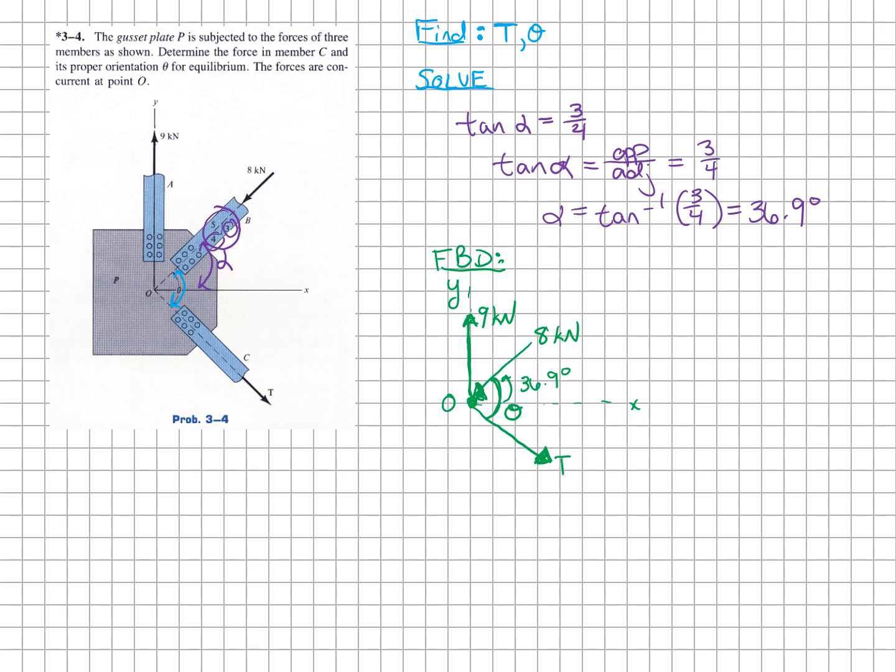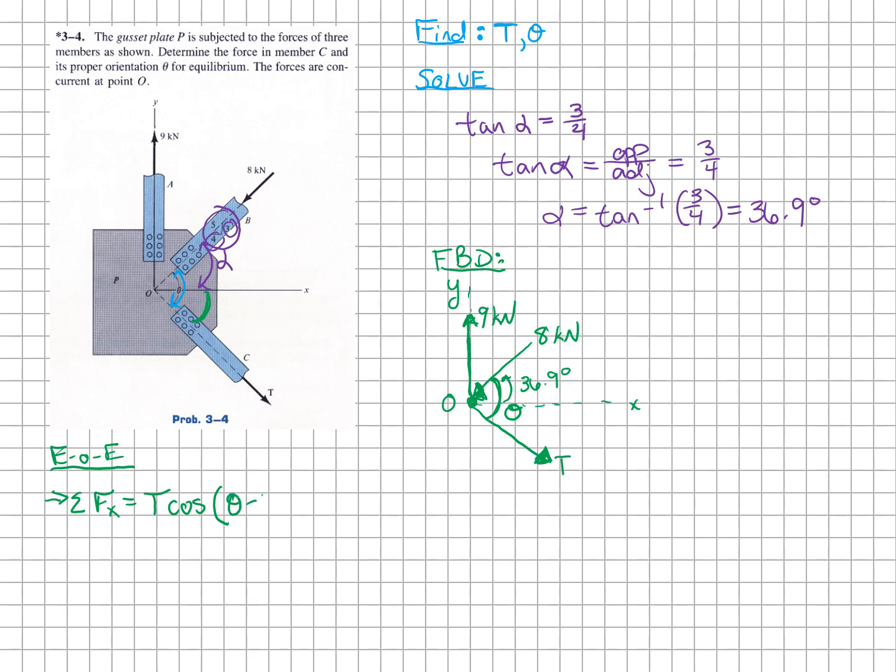So if I create my equations of equilibrium for this free body diagram, I have that the sum of the forces in the x direction is equal to T cosine of, and the angle here for this guy, to use the cosine, is going to be the overall angle theta minus my alpha.